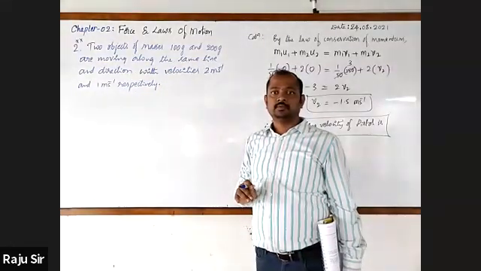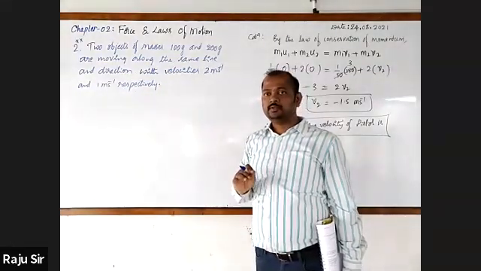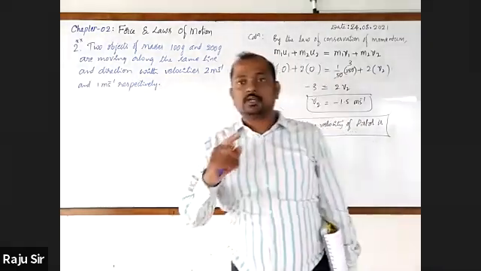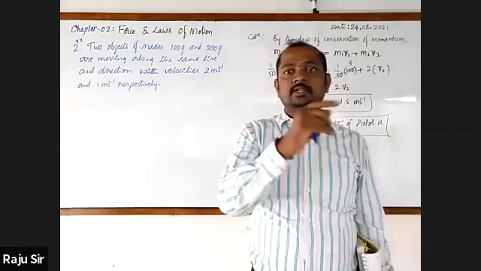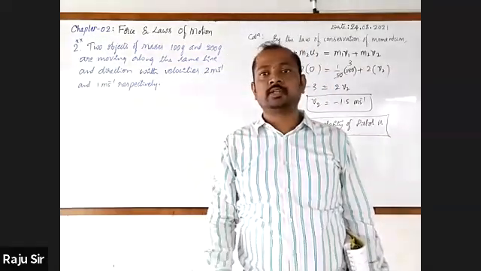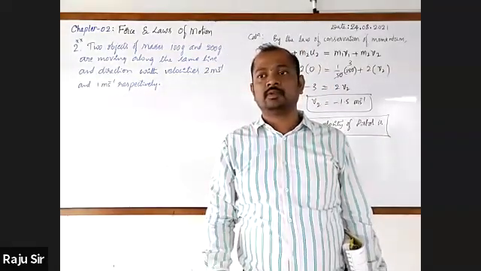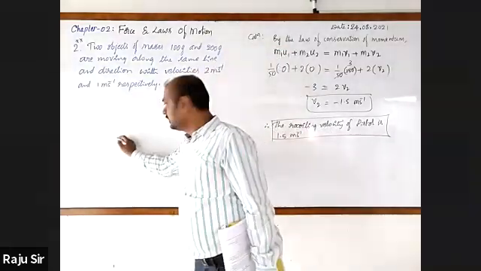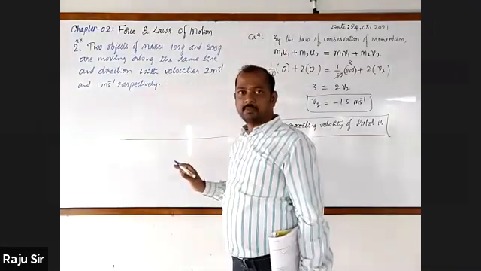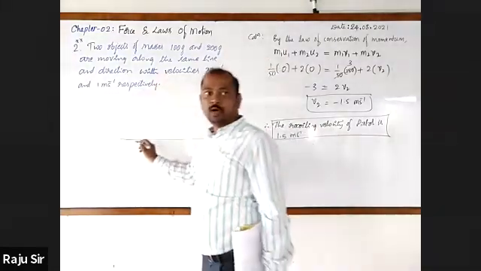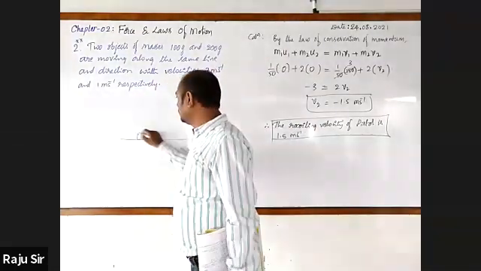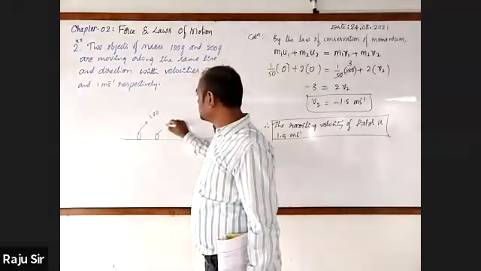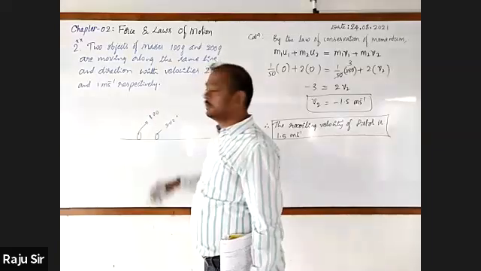Yes, sir. Jagnur is telling yes. Rachit is telling yes. What about others? They won't collide. The meaning of this is the path on which the two objects are moving. This one's mass is 100 gram and this one's mass is 200 grams.